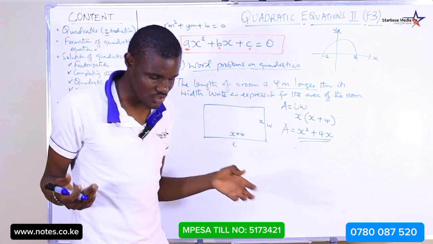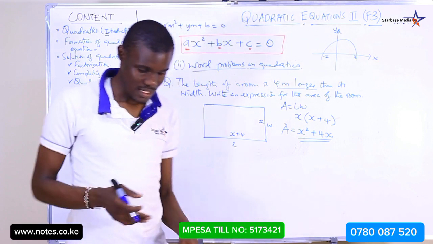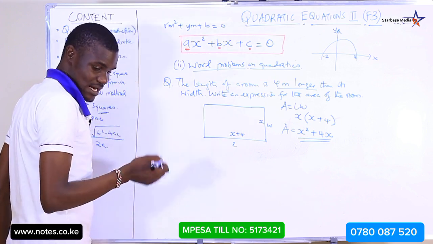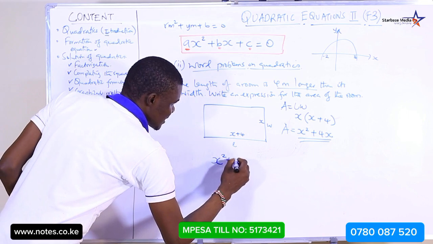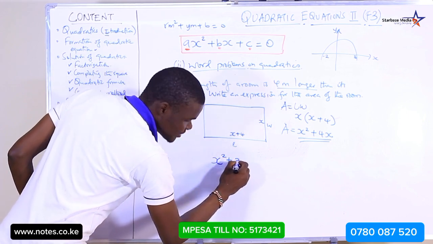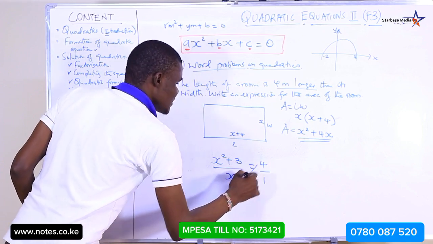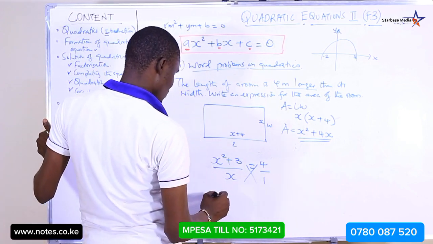Some you can even solve through cross multiplication. You can be given a question and then you realize that when you cross multiply, you end up with a quadratic. For example, when you're told x plus 3 over x is equals to 4. When you cross multiply this, you will realize that you are ending up with a quadratic equation.